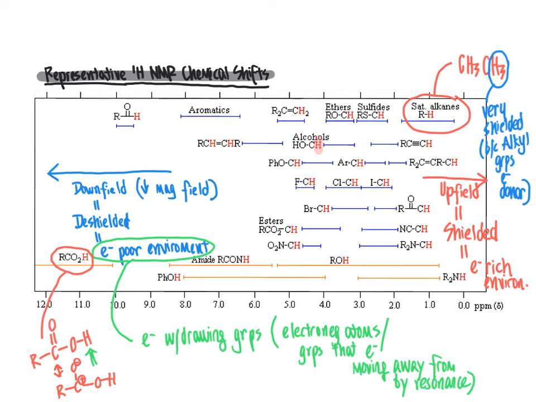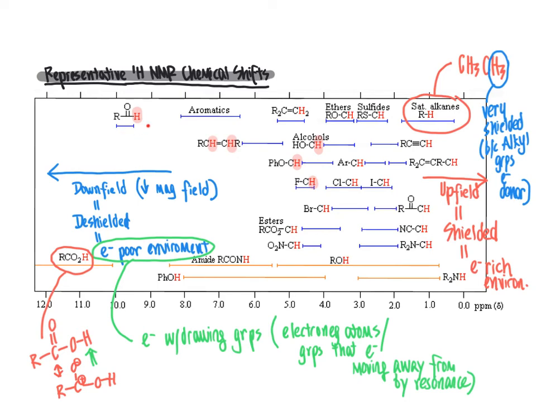So when interpreting this, the things to keep in mind are the red signals are the ones being referenced in each individual case here. And the blue bars give you a general idea about the range over which you would expect that particular functional group to show up within the proton NMR spectrum.